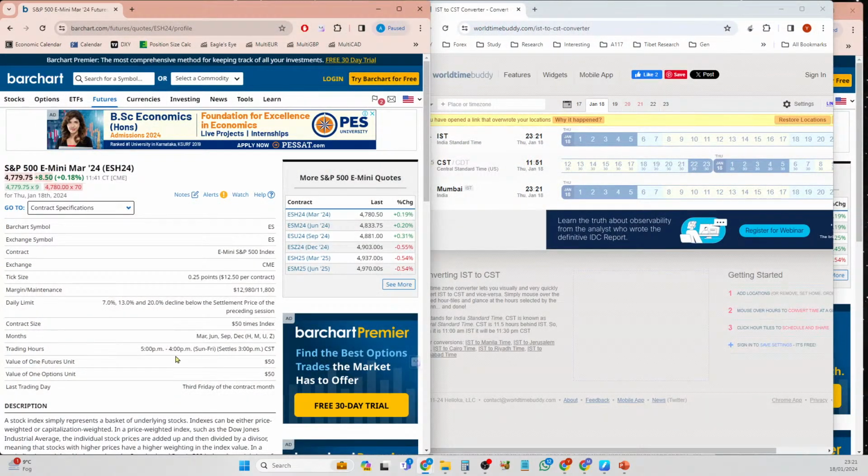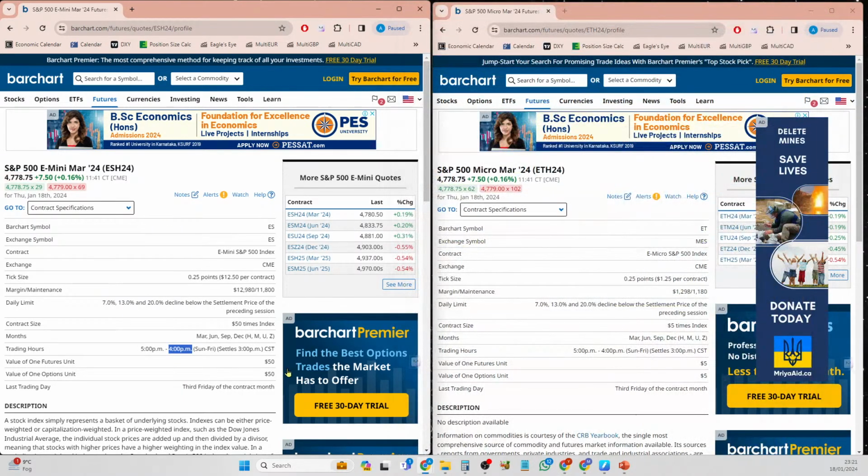And that is basically the opening time for trading from Sunday to Friday. So on Sunday, this is the time when it opens, and Friday, this is the time it closes. Otherwise, it is open for trade throughout during those days.